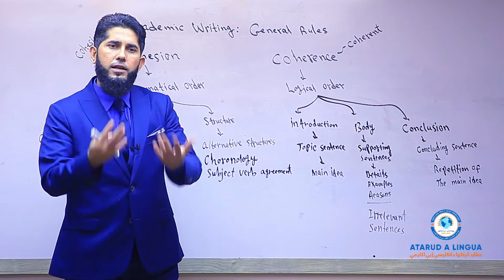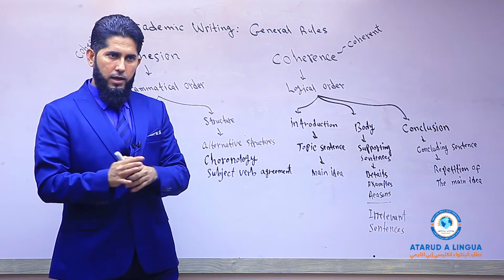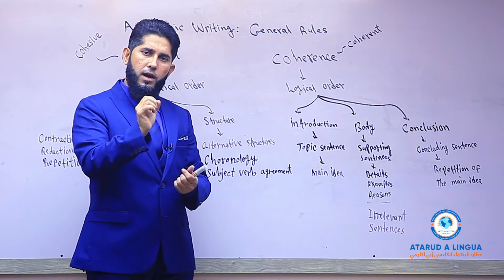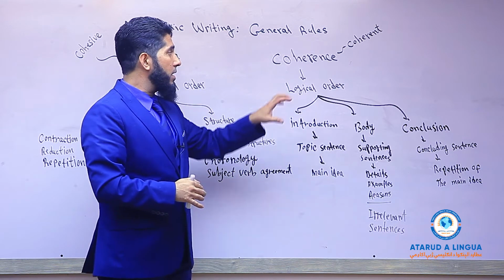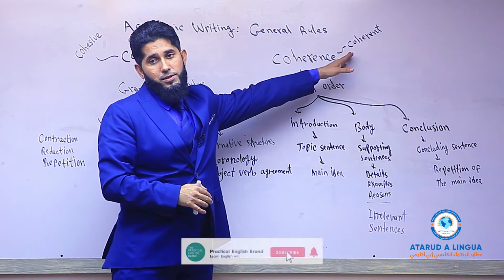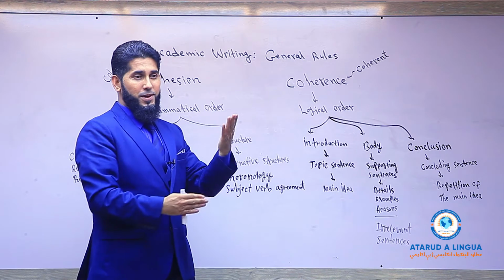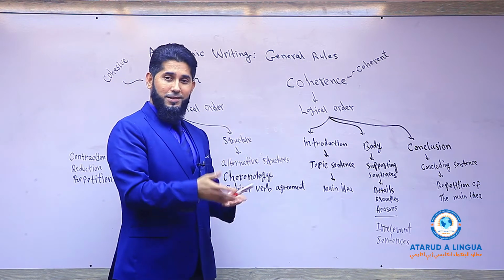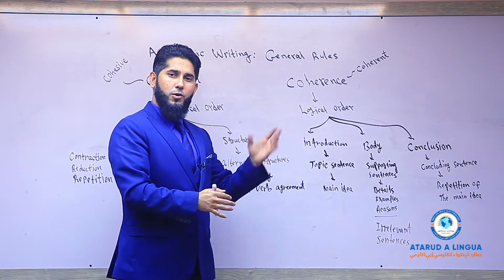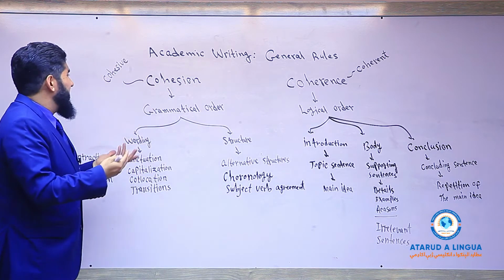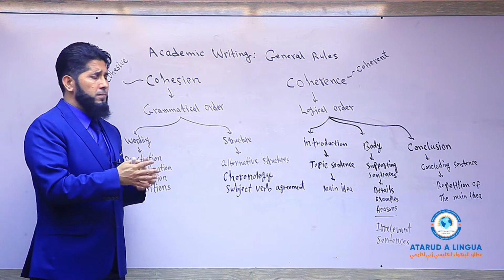If the ideas are not very clear and it's difficult for the reader to understand the purpose of the author, that paragraph is not coherent. Understood? And vice versa. If you read a passage and you understand all the ideas and the main purpose of the author, that will be coherent. Understood?